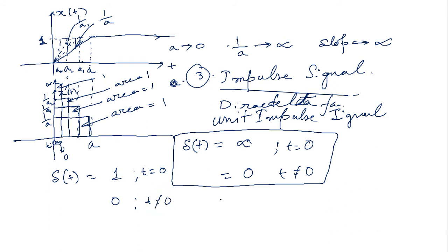It is expressed graphically like this, 1 is the area. When t equals 0, it has an area of 1, and for other values of t, plus or minus, the impulse is 0. That is a unit impulse signal.